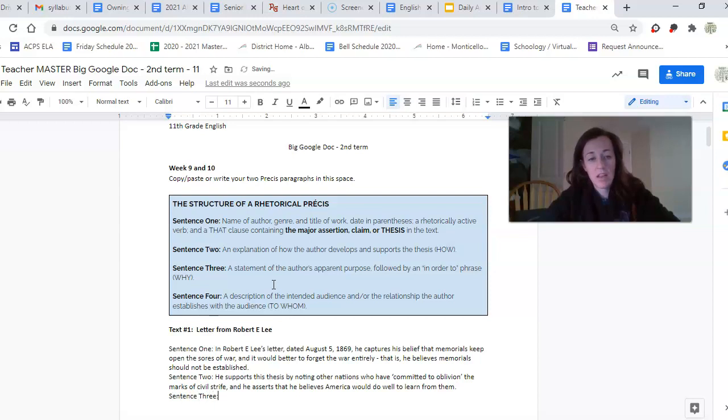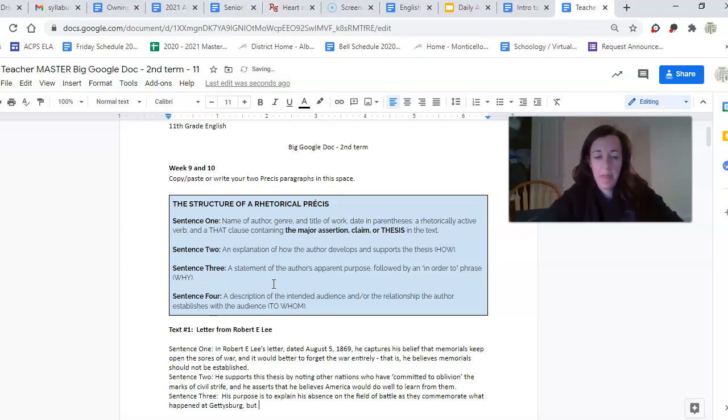Sentence 3. His purpose is to explain his absence on the field of battle as they commemorate what happened at Gettysburg.